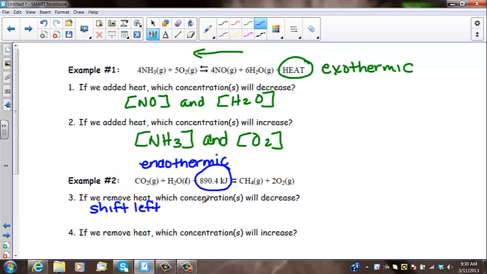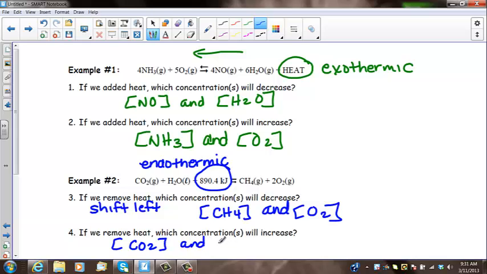We're favoring the reverse reaction, and what's going to decrease would be the CH4 concentration and the O2 concentration because they will be colliding more in order to make more CO2 and H2O. And then which will increase? Well, we just said the CO2 and the H2O would be increasing because it's favoring the reverse reaction.